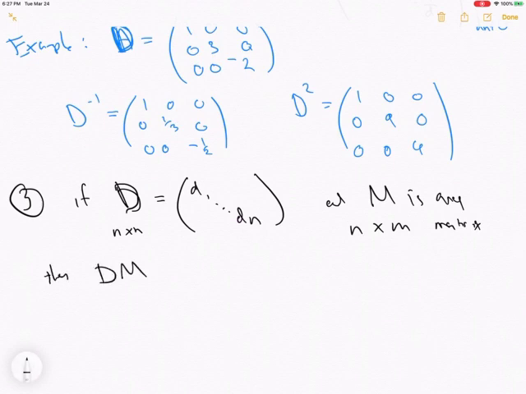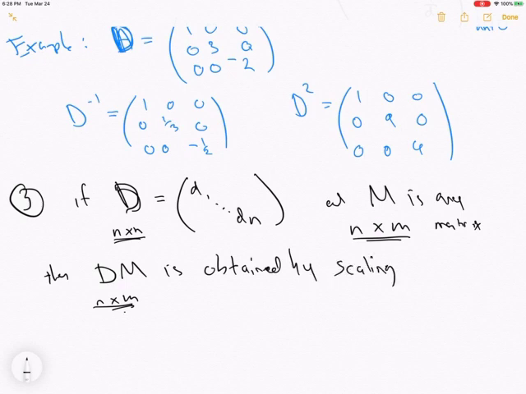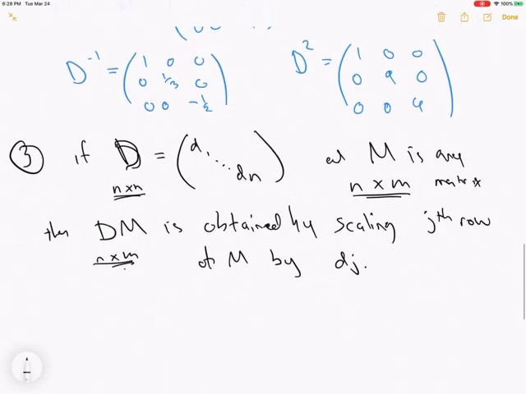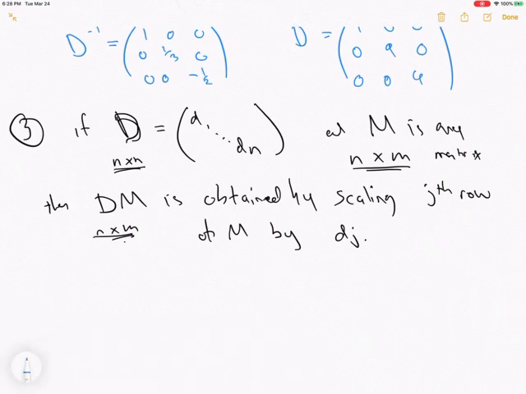This is now an n by m matrix, because we did n by n times n by m, and the resulting thing is n by m. It is obtained by scaling the jth row of M by Dj. So it's kind of an easy thing.